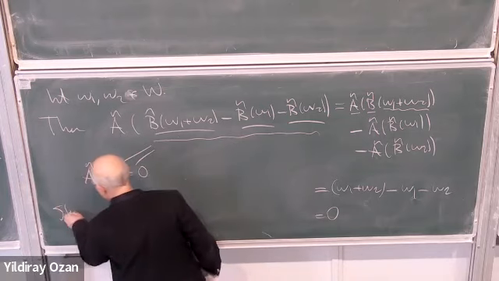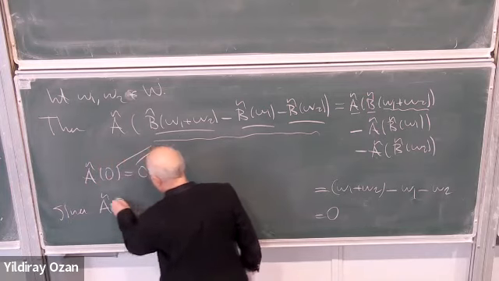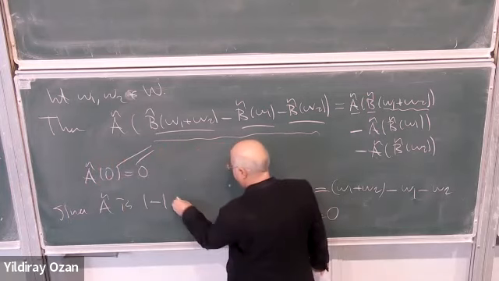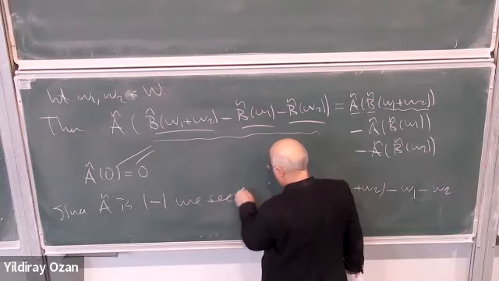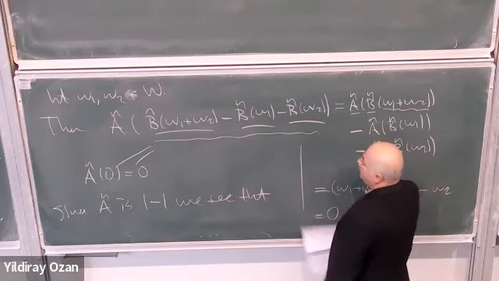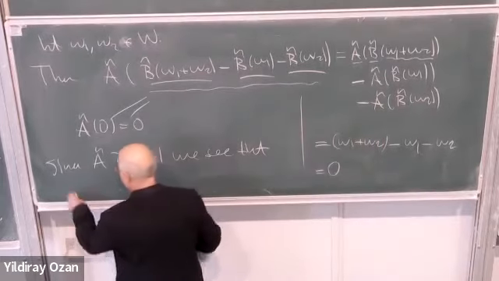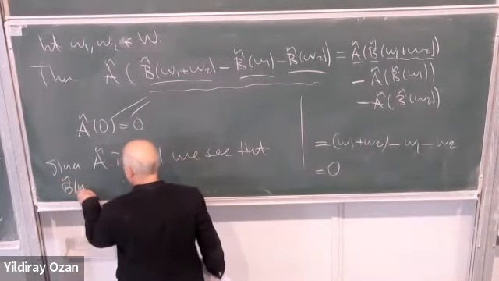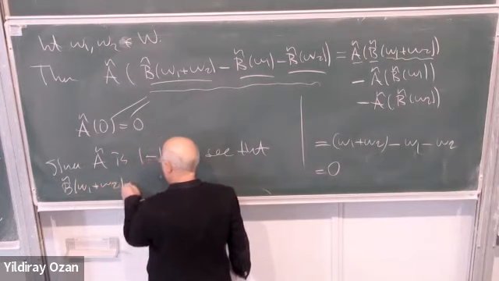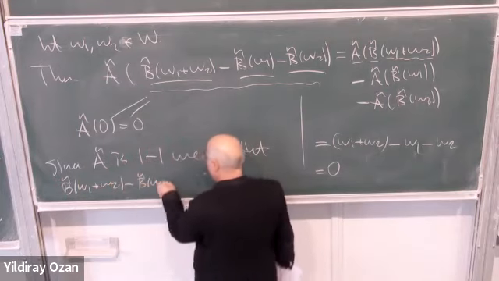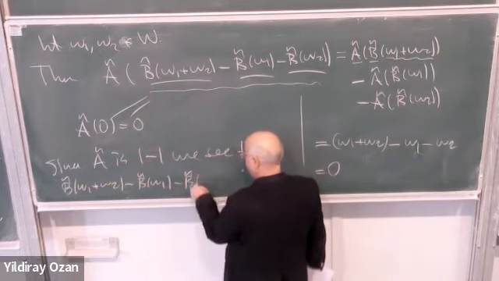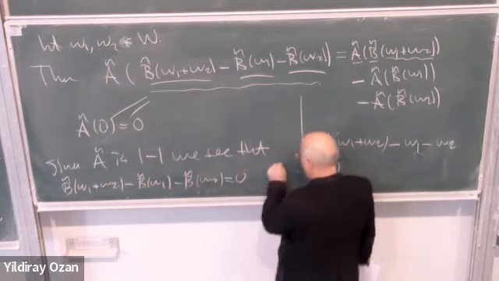So since A hat is 1 to 1, we see that whatever you put inside A hat, which is in this case this expression, B hat of W1 plus W2 minus B hat of W1 minus B hat of W2, is equal to 0.